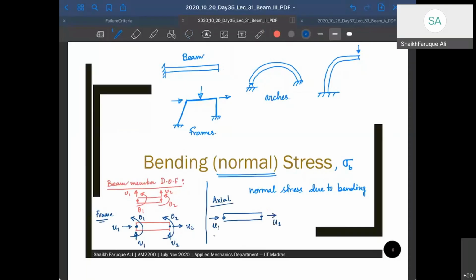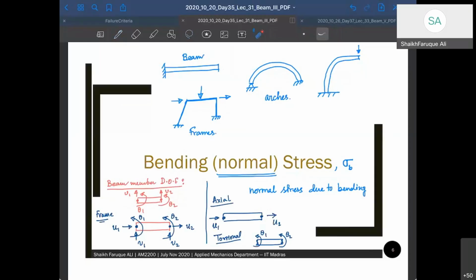Torsional member, theta 1. So these are the differences in degrees of freedom of various structures. When we say a normal beam, we do not mean there is any horizontal load or horizontal deformation in the beam. But when I say it's a frame structure, I mean that there is a longitudinal axis deformation available in the member.